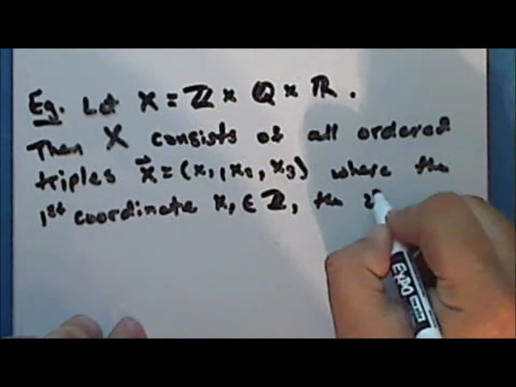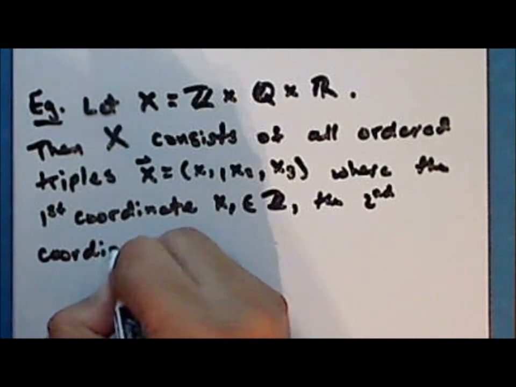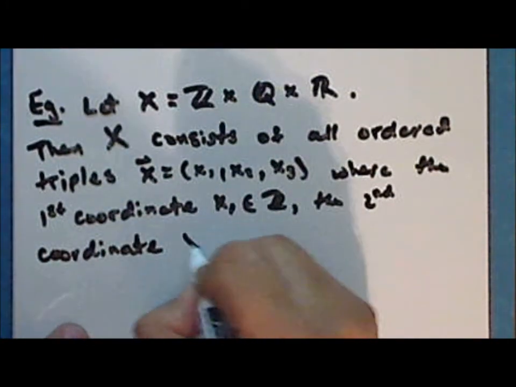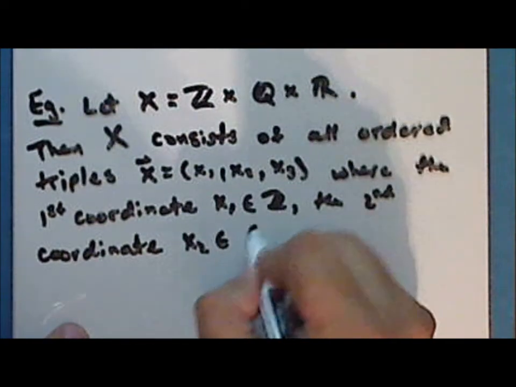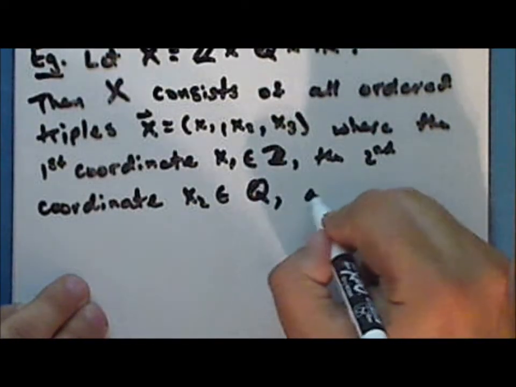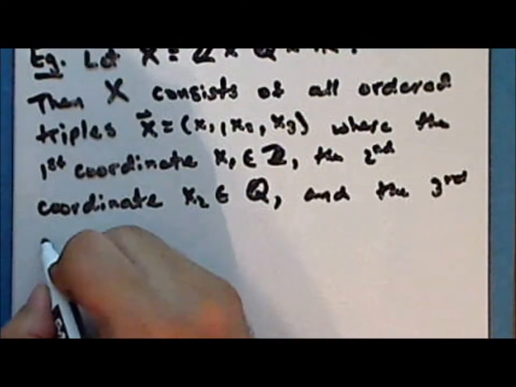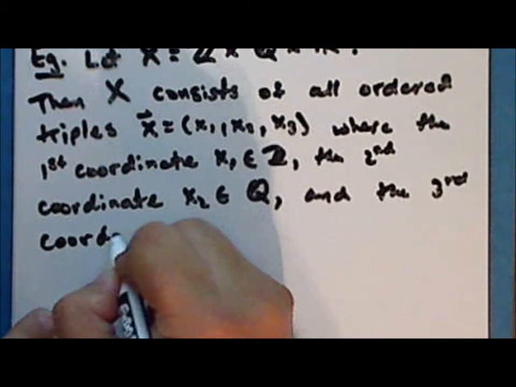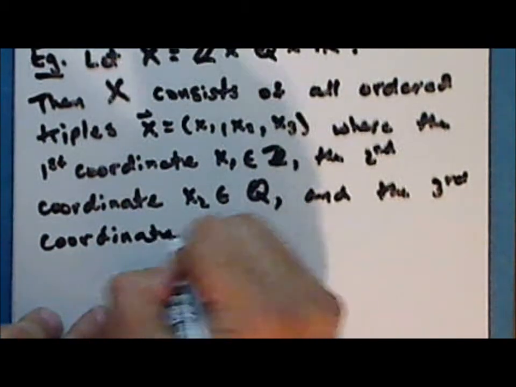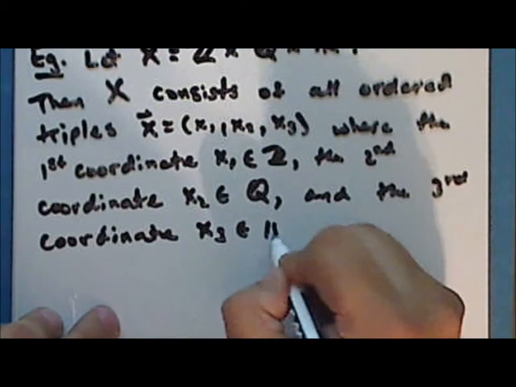The second coordinate, x sub 2, is an element in the set of rationals. And the third coordinate, x sub 3, is an element in the set of reals.